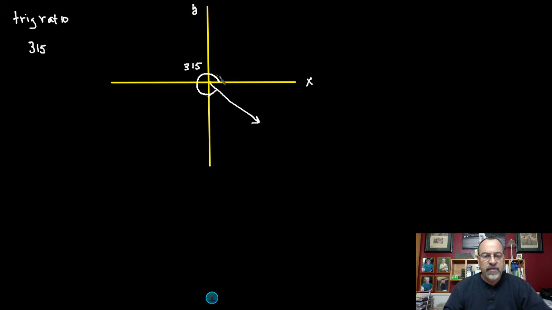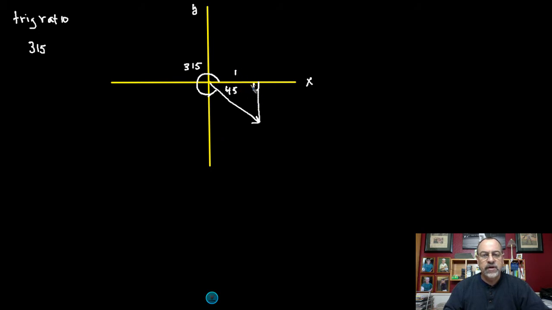Now, if I determined what this angle was and I drew a reference triangle, I could calculate those ratios. Now, if I take 360 minus 315, it turns out that this angle right inside here is a 45 degree angle.